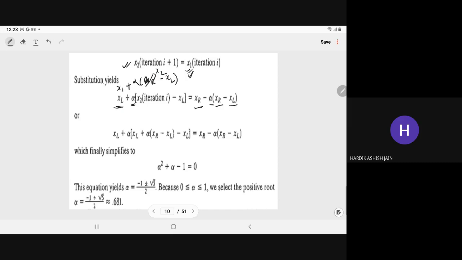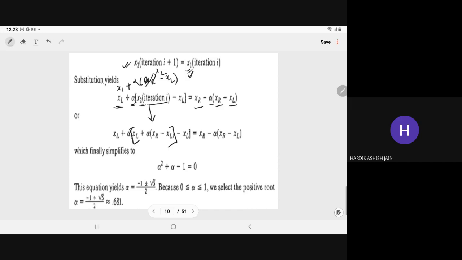So x2 of iteration i+1 can be written as xl plus alpha (xr minus xl).